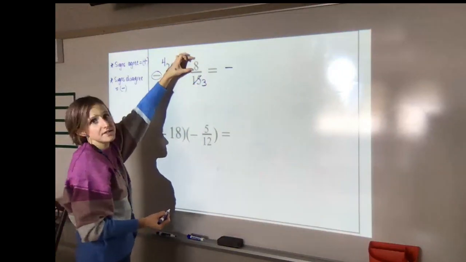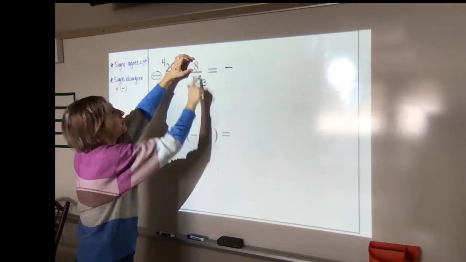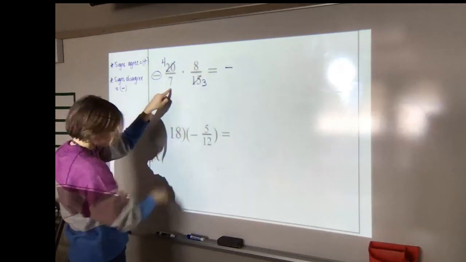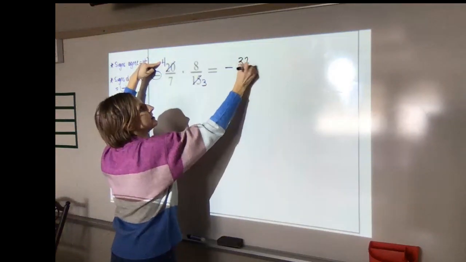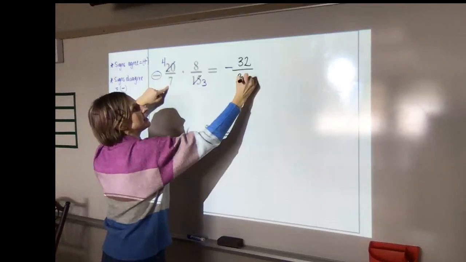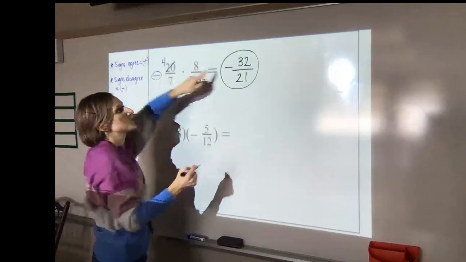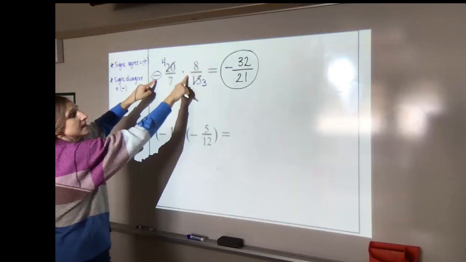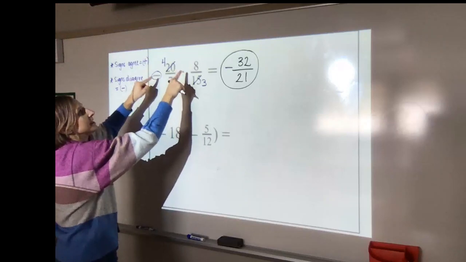I haven't focused on this numerator yet, so I have to bring that to my two denominators. 8 and 3? Nope. How about 8 and 7? Nope. So now numerator times numerator, that's going to give me 32 over denominator times denominator, 21. So I have a negative 32 as my final answer. And it's negative because there's only one negative in my problem, the signs don't agree.